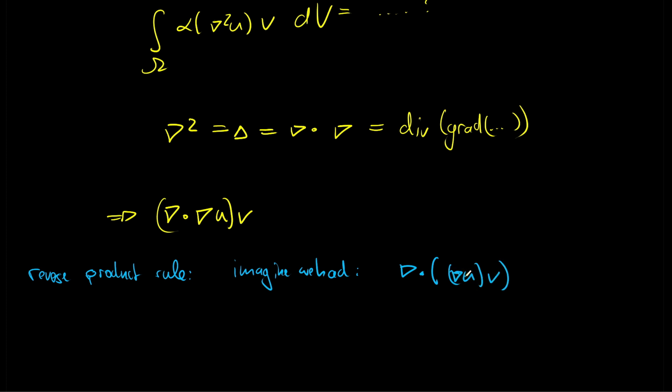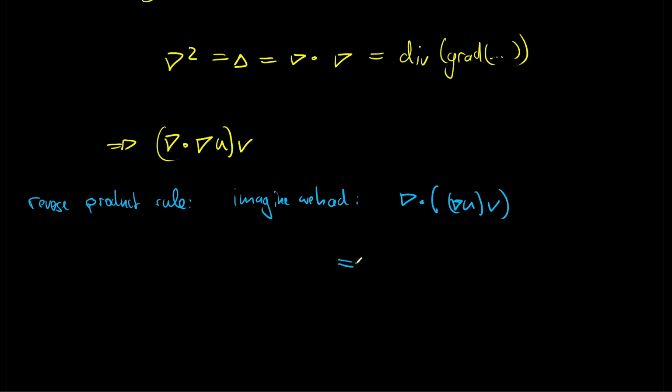The gradient of u turns our scalar value temperature field into a vector field. And if we multiply a vector field with a scalar field, this is element-wise multiplication, which still gives us a vector field. Then if we take the divergence of that, we again get a scalar field. And let's apply this divergence with the help of the product rule. So in essence, this one is equal to, well, we first have the divergence applied to this one.